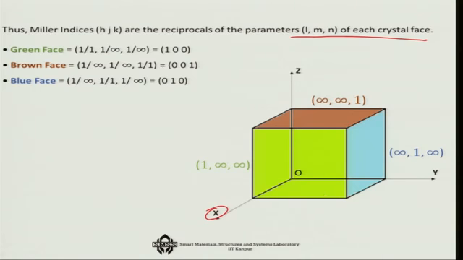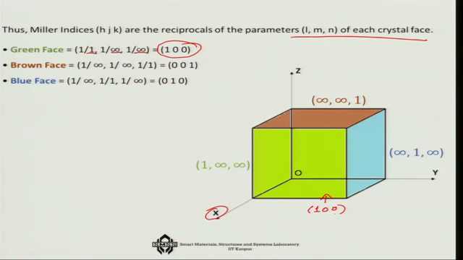Why? Because this green plane is parallel to the yz plane. So, the intercepts are 1, infinity, infinity, their reciprocal is 1, 0, 0, and that is the green face. The green face here is (100).